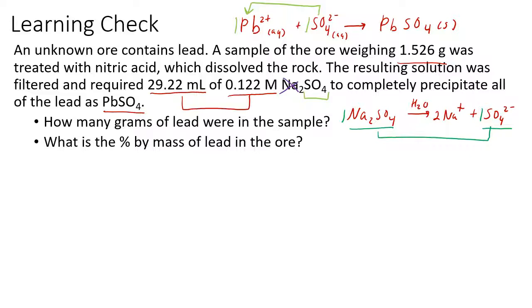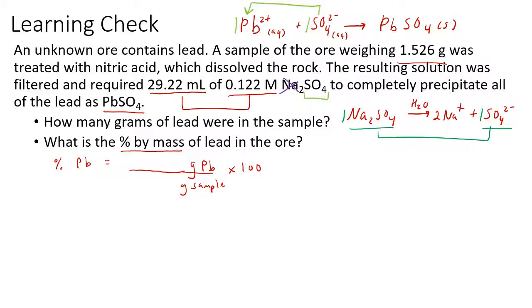We're still figuring out a percentage by mass at the end, so the percent by mass of lead will be our grams of lead divided by the grams of our sample times 100%. That's going to be our final step.